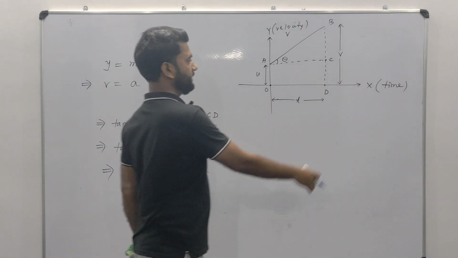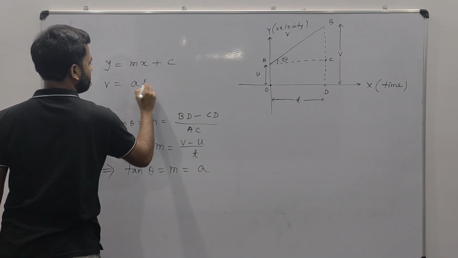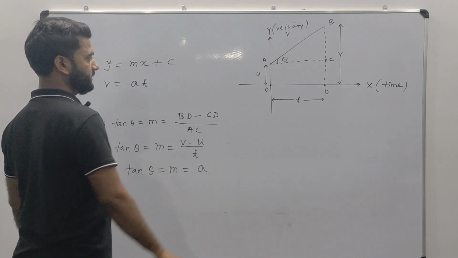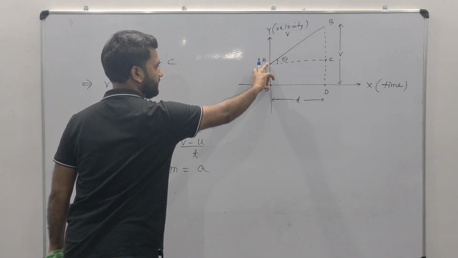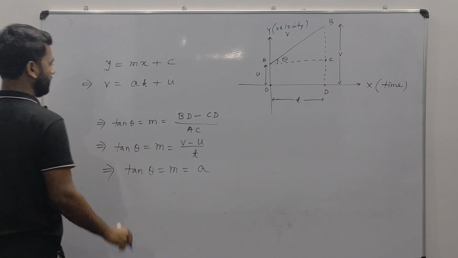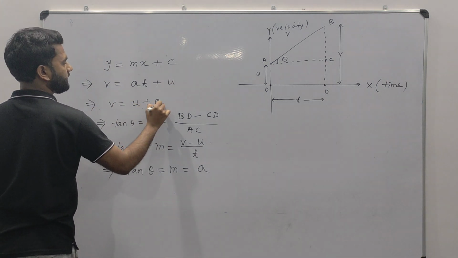Along the x-axis it represents the time, so put t in place of x, and c is the intercept. Here the intercept being u, put u in place of c. So the equation becomes v equal to u plus at.